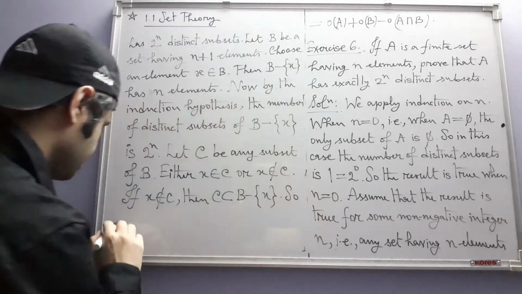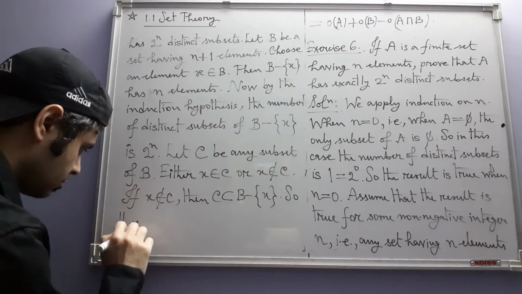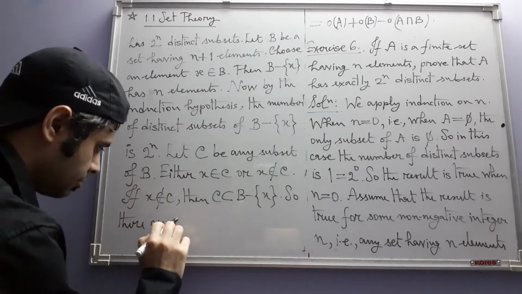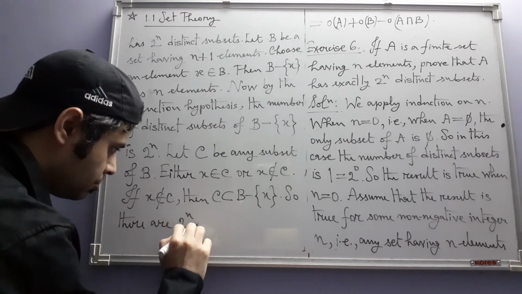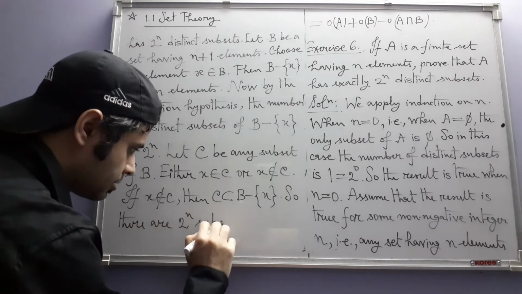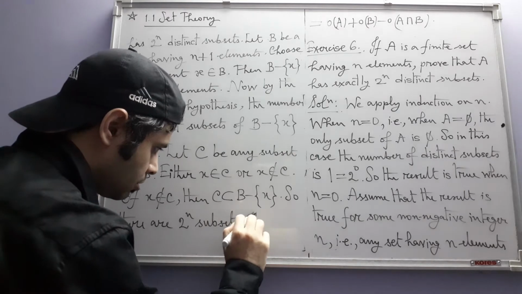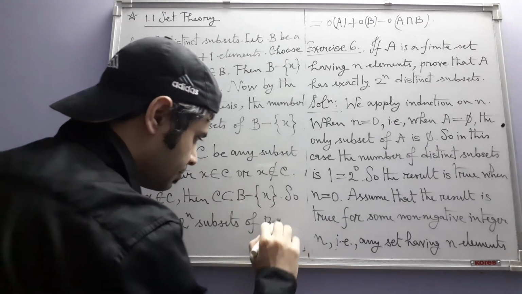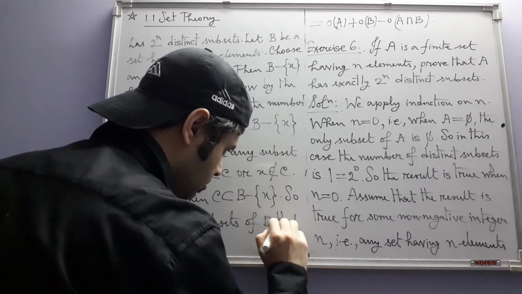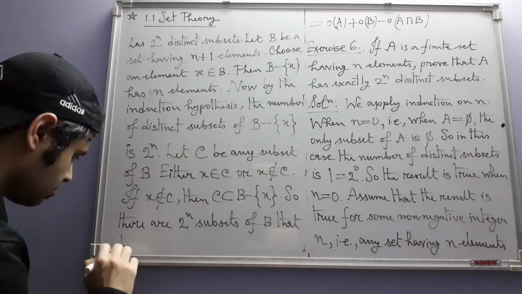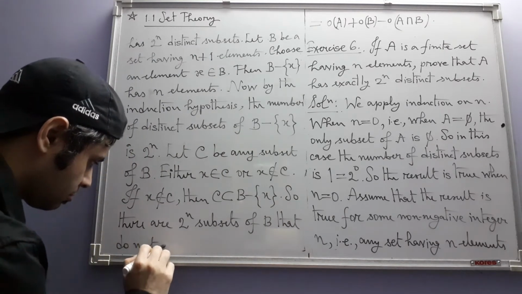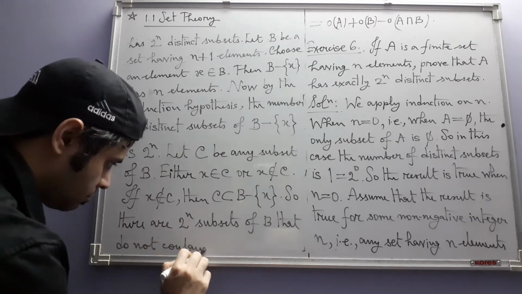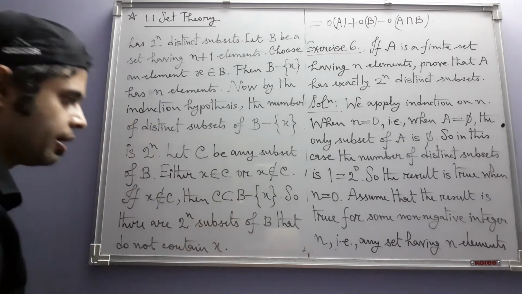So there are 2 to the power n subsets of B that do not contain x.